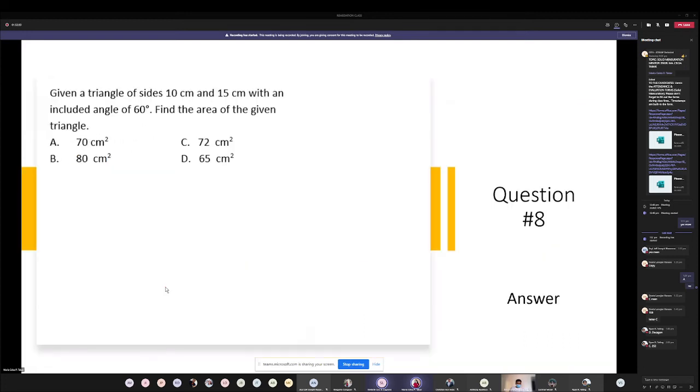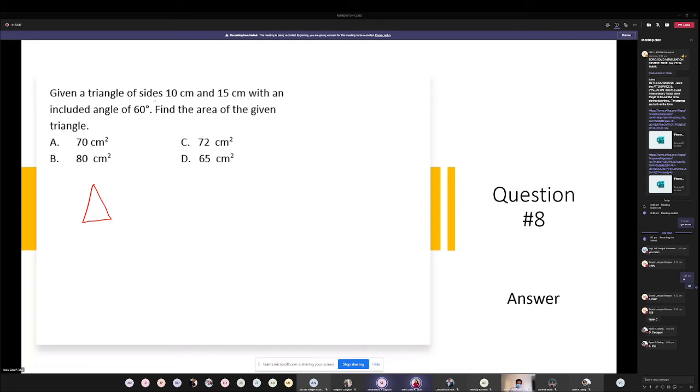The example: given a triangle of sides 10 cm and 15 cm with an included angle of 60 degrees. It's okay to have a drawing that is not exactly 10 cm and 15 cm, as long as you label the sides and the angles properly.